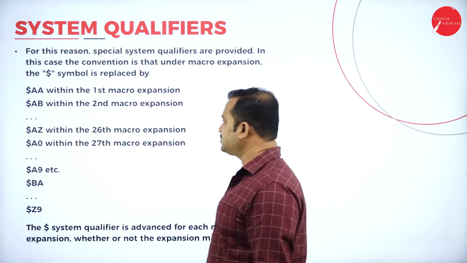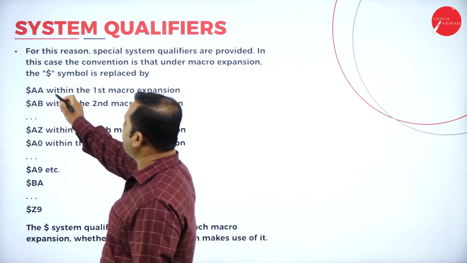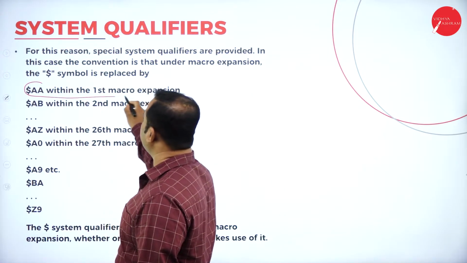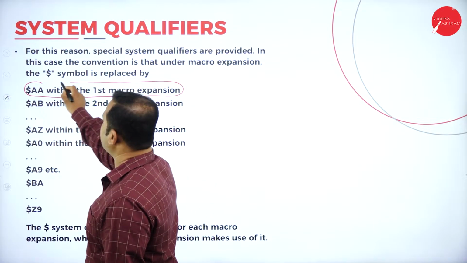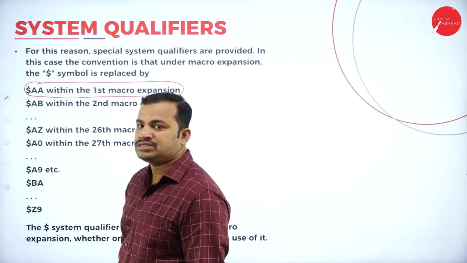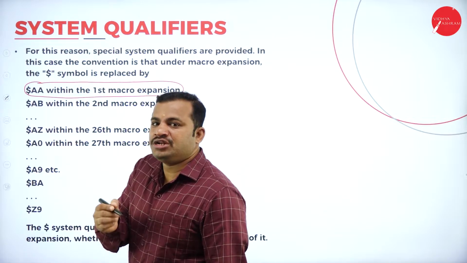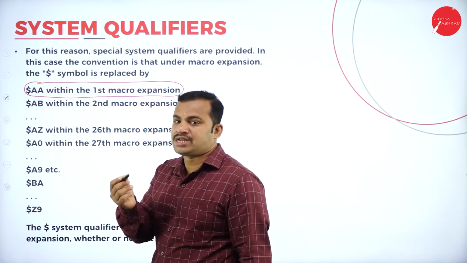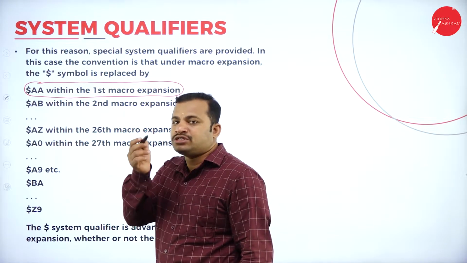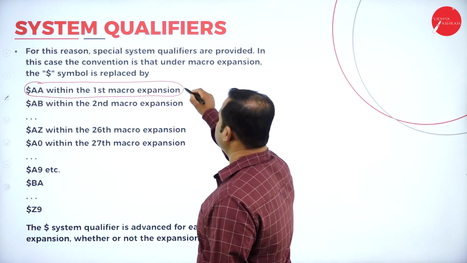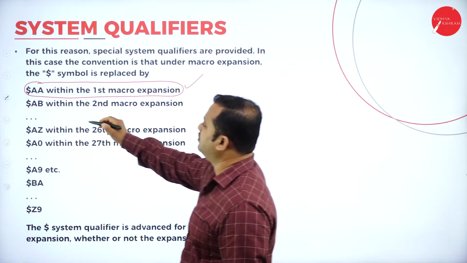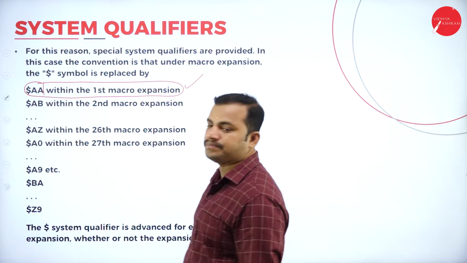If that is the case, we have ampersand AA within the first macro expansion. That is, when the macro definition is invoked for the first time, we will invoke those statements with this kind of label, that is $AA.